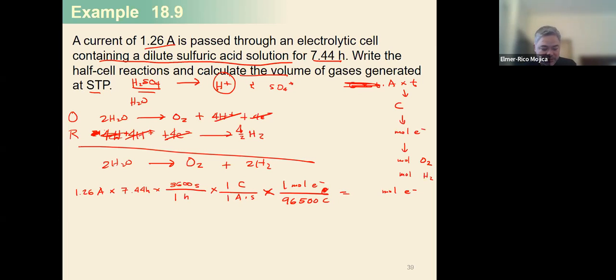So how many moles of electrons do you get there? 1.26 times 7.44 hours.